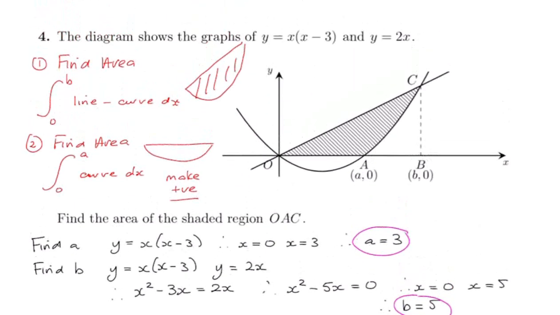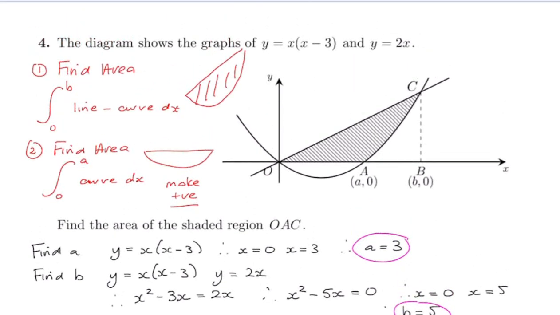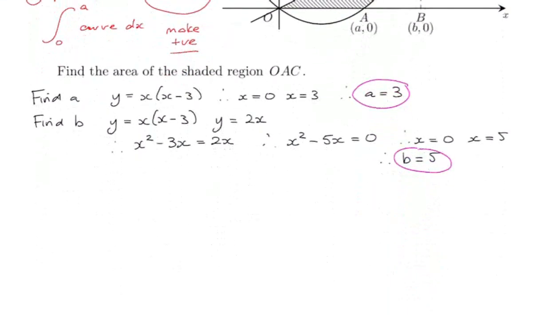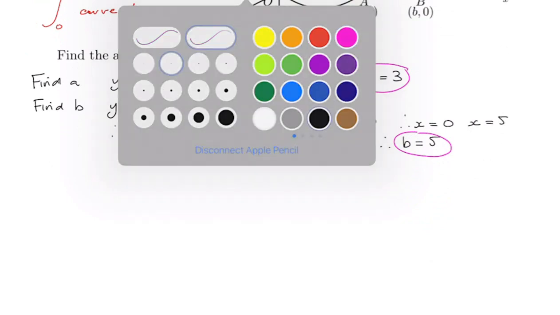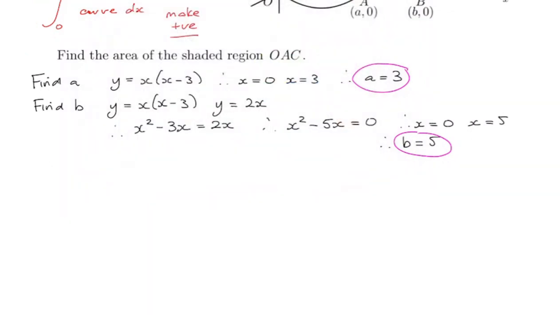So if we look back at our process, we're going to find the whole area between the line and the curve first, so we need the 0 and the 5. So that is the integral between 0 and 5, and it's line take curve, so it's 2x minus the curve, which is x squared minus 3x, dx.